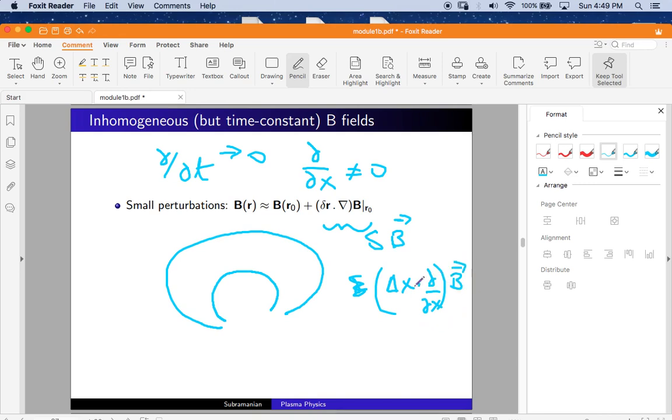If you look at it that way, it will be evident, and everything is evaluated at the default position or not. So if you look at it this way, it will be evident why this is the small perturbation. Anyhow, this is written down in a bit of a formal manner, not terribly important to focus on this particular expression, just the basic idea that the perturbations are supposed to be small.